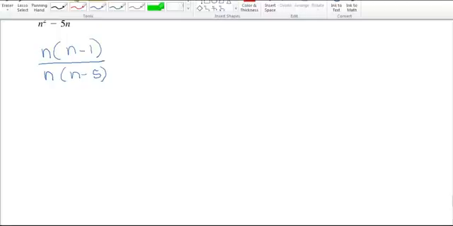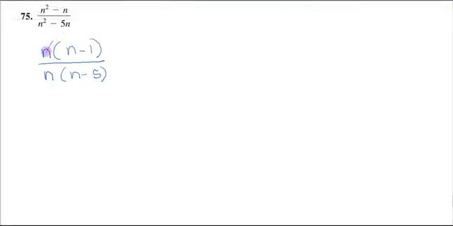On this problem, I want to first start off by factoring. So the numerator, I'm going to take out an n, and I'm left with n minus 1. And on the denominator, I see a greatest common factor of n as well. So I'll factor out the n and have n minus 5. Now we can see a greatest common factor of n.